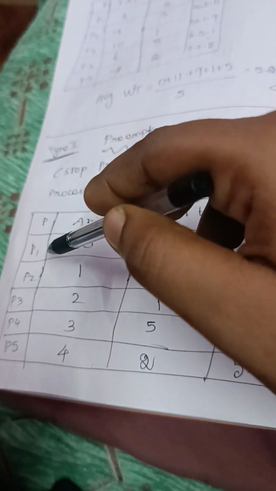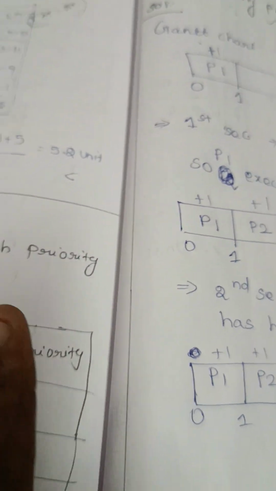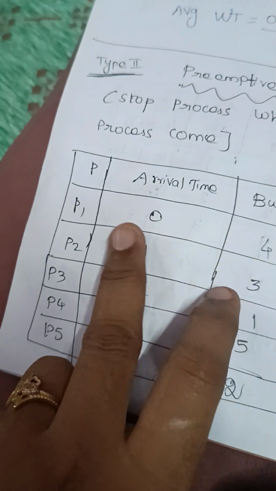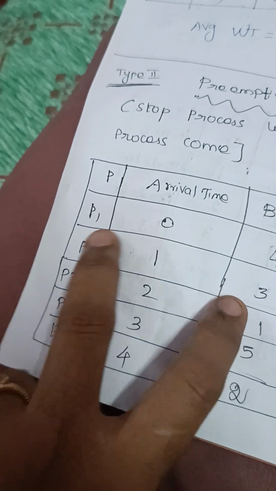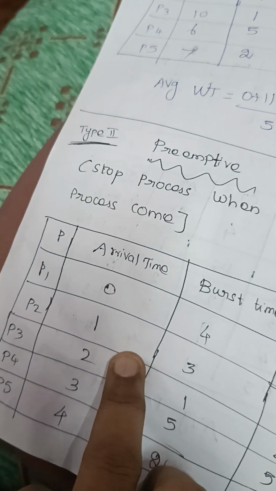Arrival time 0, P1 enters the CPU. After P1 has executed for 1 second, P2 enters the ready queue.